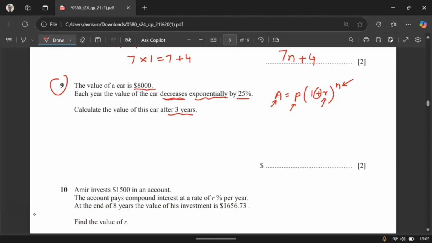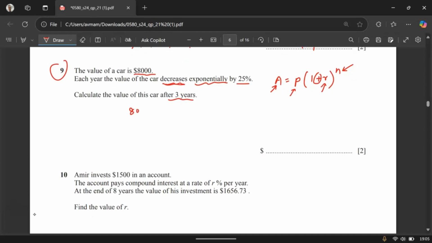So there is a decrease. Let's write 8,000 times 1 minus R, where R is the rate of interest. The decimal equivalent of 25% is 0.25, and 3 is the number of years.